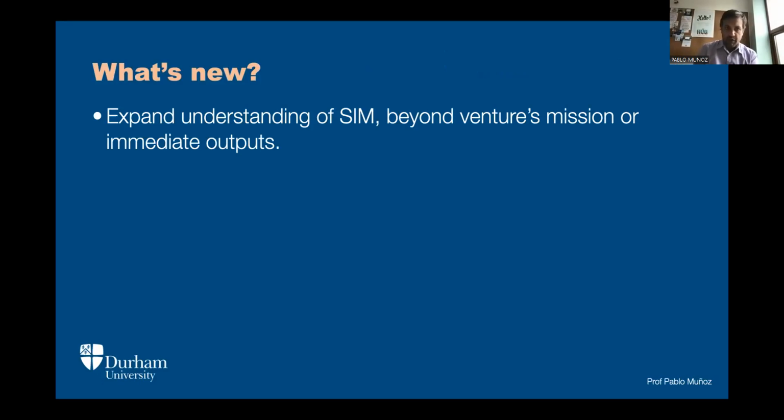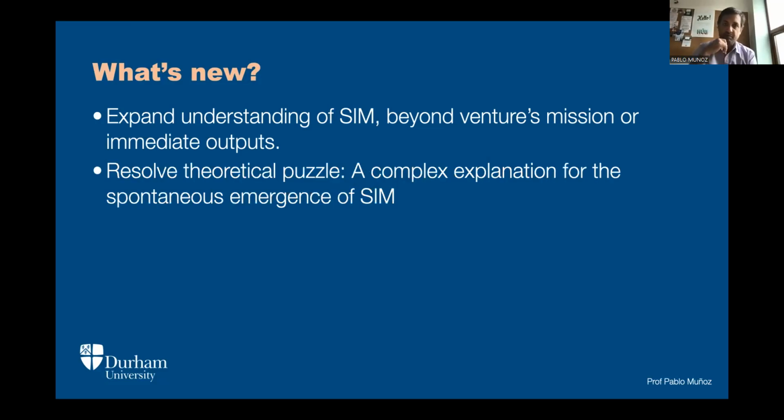a good understanding, right, of SIM beyond the mission and the mission drift that sometimes we see in the literature, or the immediate outputs that companies measure to report and to prove that there's value in their actions. I think we offer, it's not that we come and resolve the entire theoretical puzzle, right?